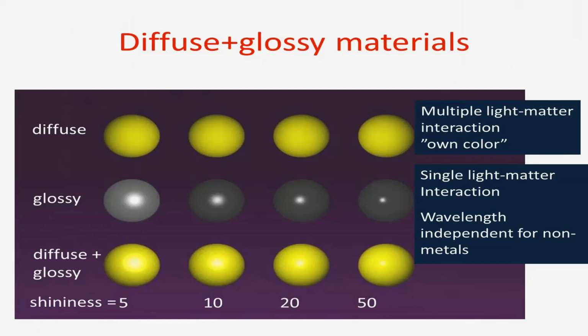So for non-metals, the specular reflection is set to be white. So if the light source is white, the glossy reflection on the surface will also be white. Adding up the diffuse and the glossy reflection, we have the impression of nice shiny surfaces.